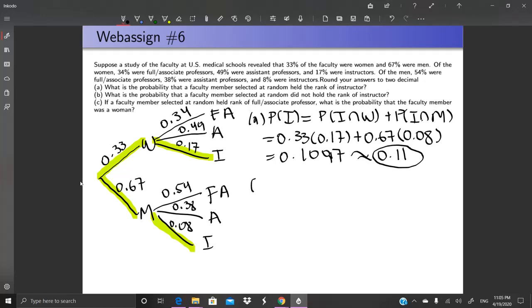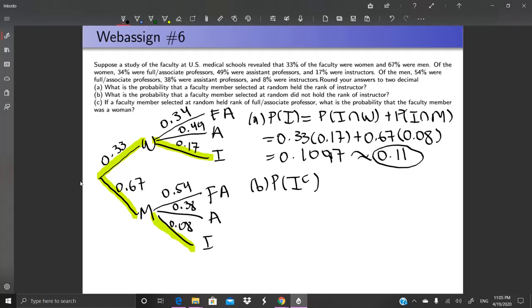Okay, part B. What is the probability that a faculty member selected at random did not hold the rank of instructor? All right, so notice the difference here: did not hold the rank of instructor. So this means that we're just trying to find the probability of I complement.